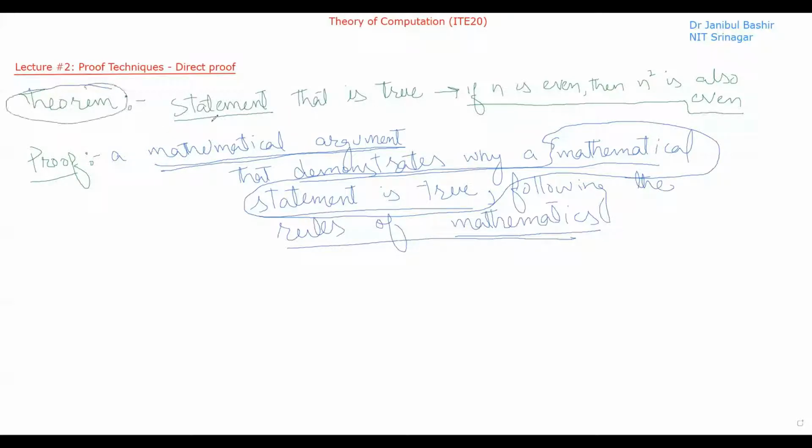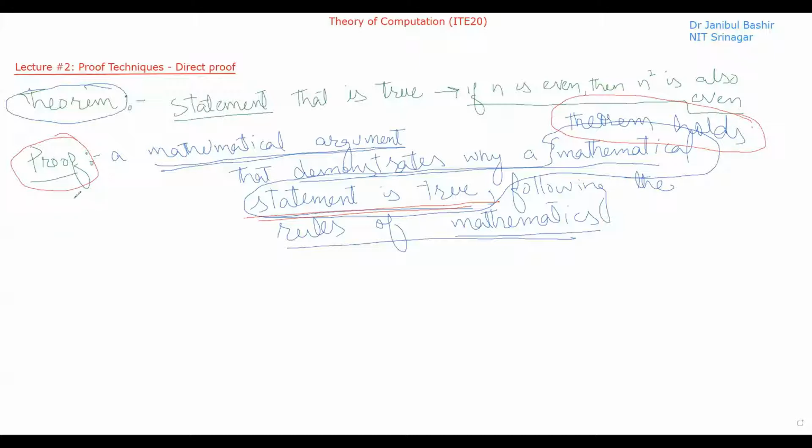That is called a theorem. So we can say a mathematical argument that demonstrates why a theorem holds, following the rules of mathematics. You can either say a mathematical argument that demonstrates why a mathematical statement is true, or a mathematical argument that demonstrates why a theorem holds. That is called a proof.